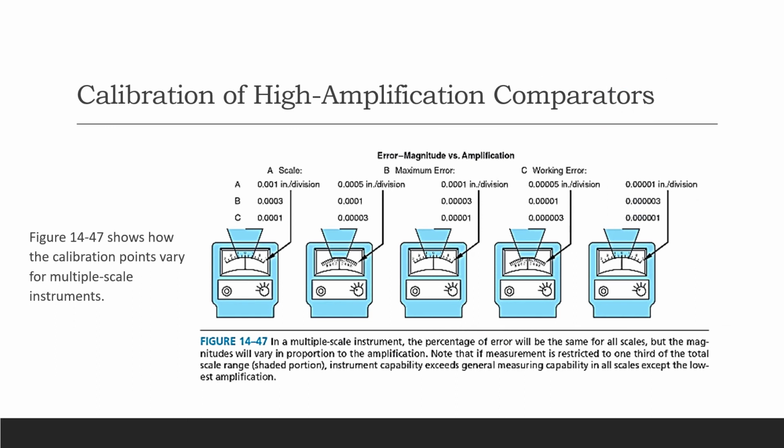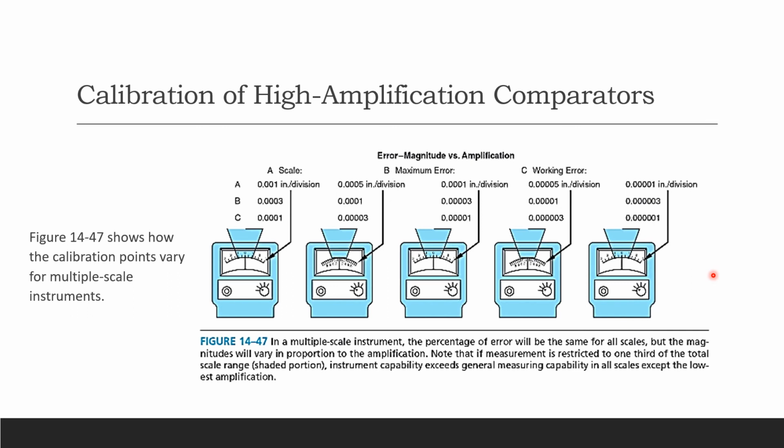The calibration of amplification comparators. This picture is showing you how the calibration points vary for multiple scale instruments. So in a multiple scale instrument, the percentage of error is going to be the same for all scales, right? But the magnitude is going to vary, okay, and it's proportional to the amplification.